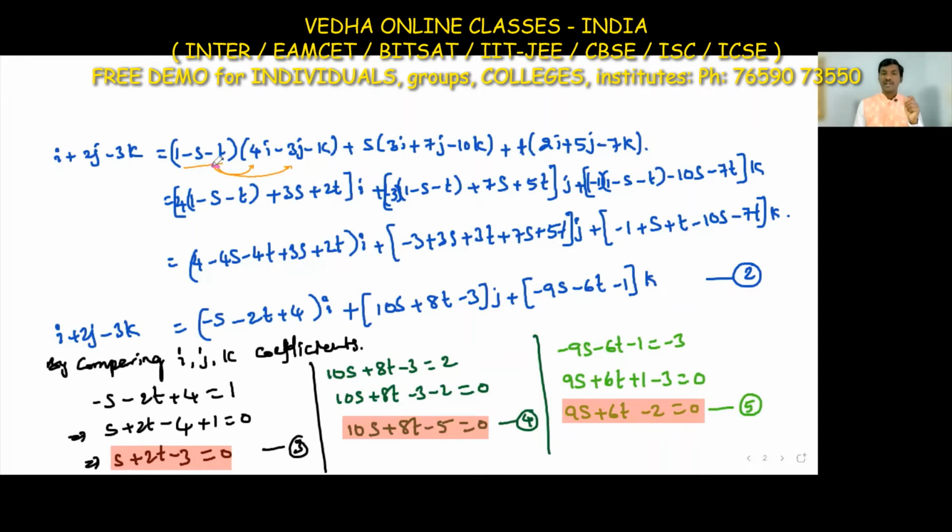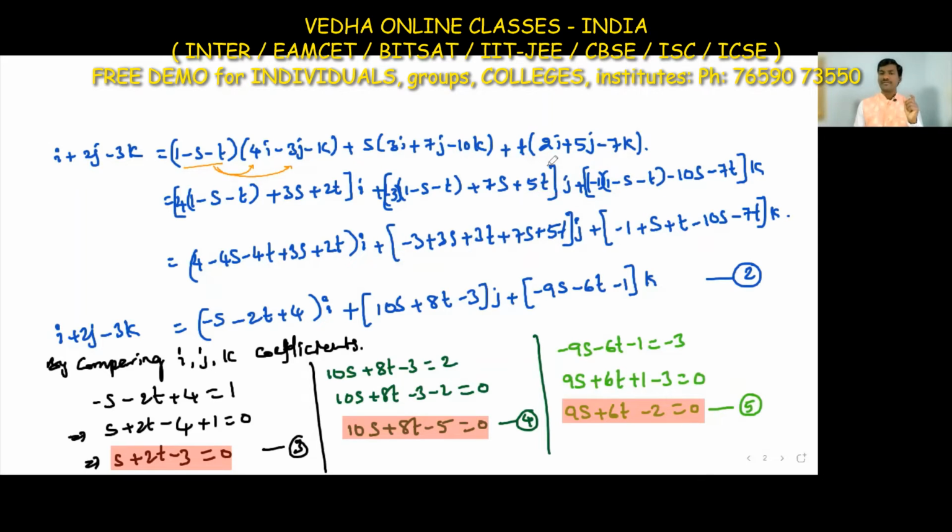Next, multiplying with j: minus 3 into (1 minus s minus t), then s into 7j gives 7s, and t into 5j gives 5t.